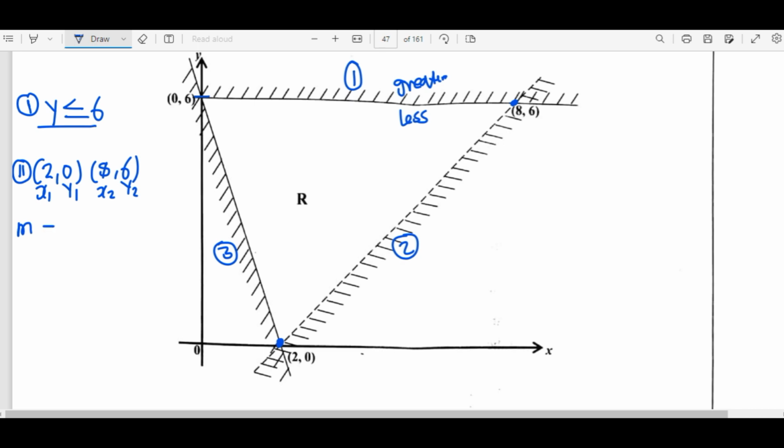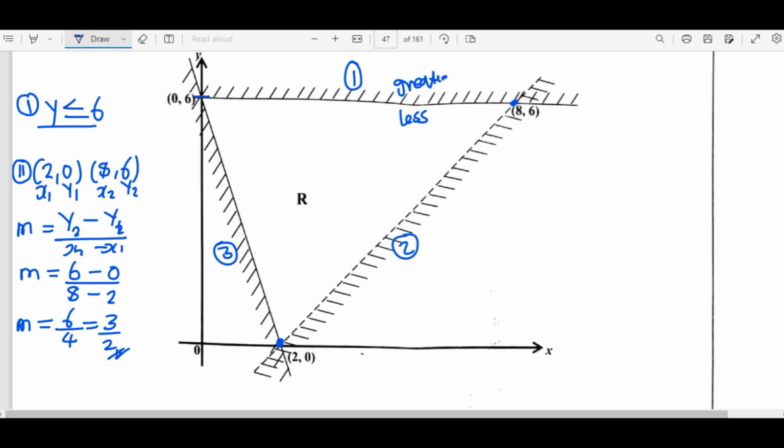We know that gradient is equal to y2 minus y1 divided by x2 minus x1. So y2 is 6 minus 0, divided by 8 minus 2, so the gradient is 6 over 4. If we reduce these numbers, it will give us 3 over 2. That's our final answer in terms of the gradient.